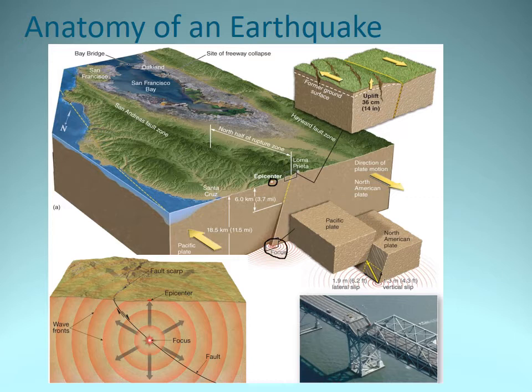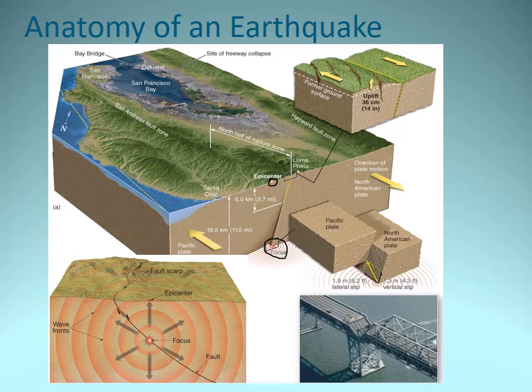The focus is the point beneath the surface of the earth where the shaking and the movement along the fault originated. The epicenter is just the location directly above the focus that's on top of the surface of the earth. So that's a key difference there.